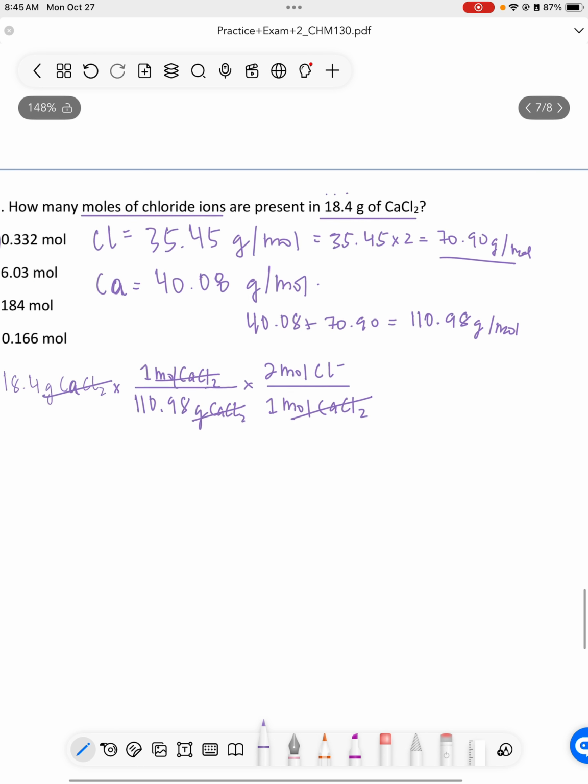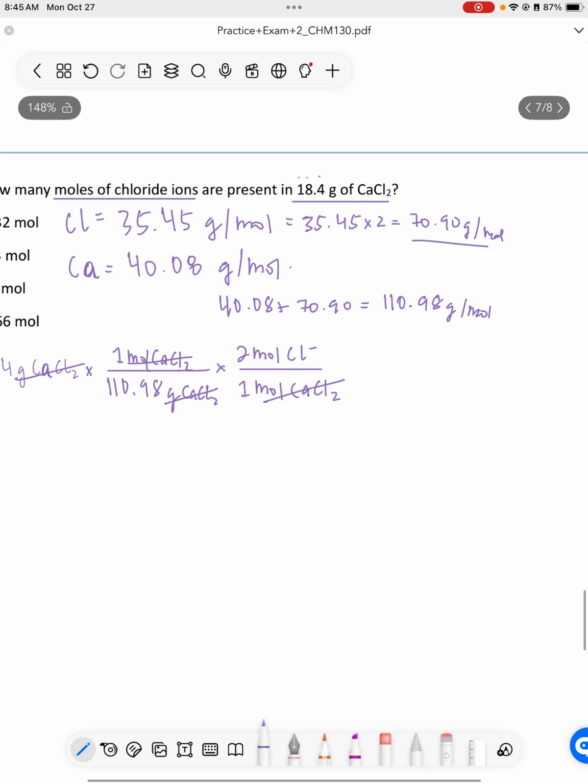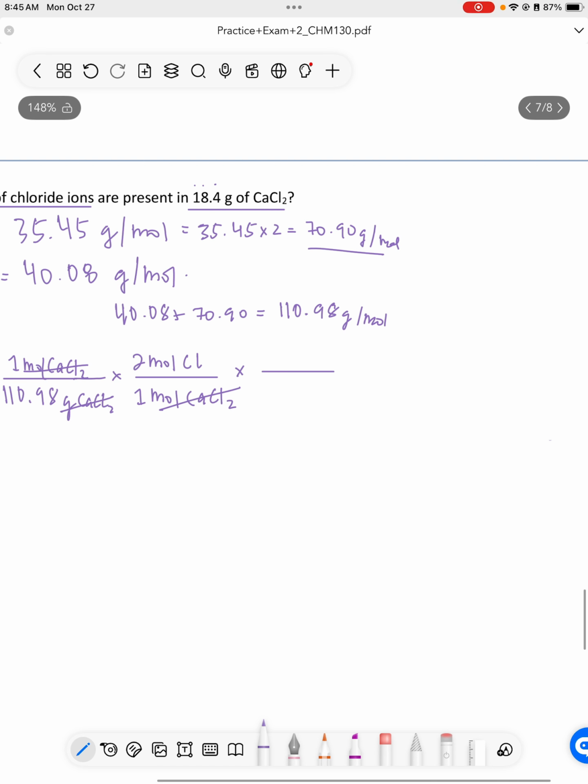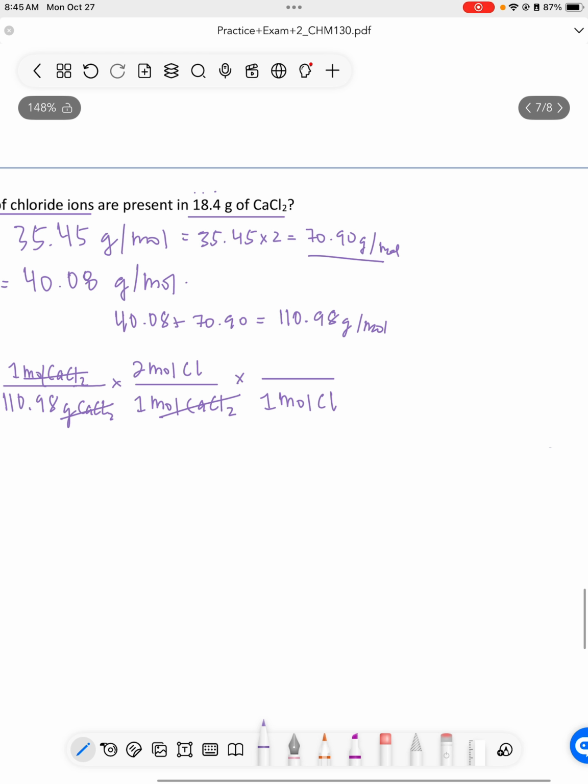So we know that there were 2 moles of chlorine in 1 mole of calcium chloride. And we're no longer looking for ions. We're just looking for atoms. How many chlorine atoms are in 1 mole of chlorine atoms? In 1 mole of chlorine, there are Avogadro's number of atoms.